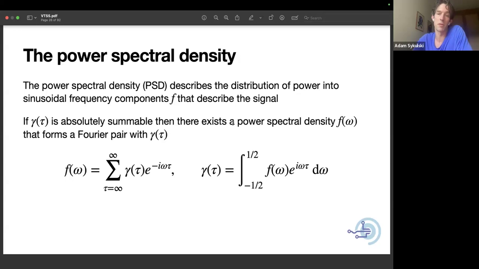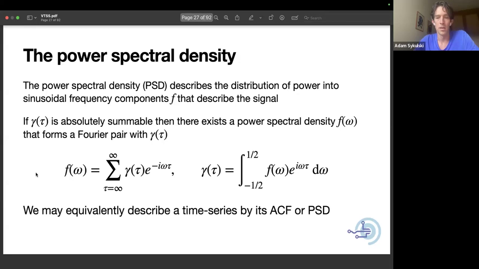So if you're not used to power spectral densities, you can just think of it as something that describes gamma, which is our autocovariance function, which everyone in time series knows. So we may equivalently describe a time series in this setting, when we have satisfied these properties, by its ACF or PSD for short.